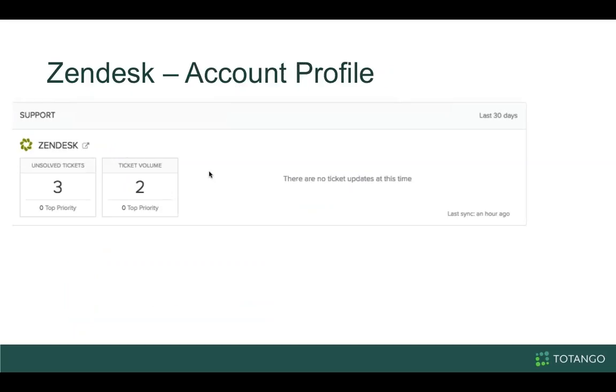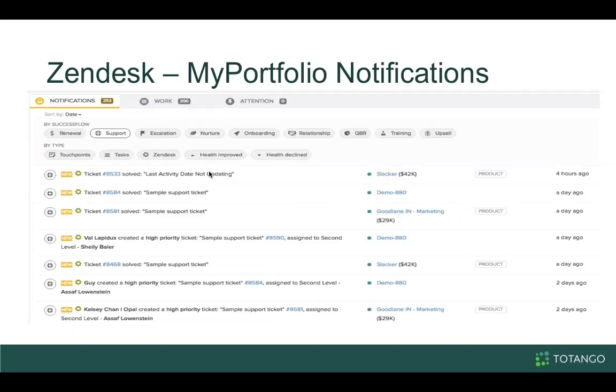And from there, what you'll gain is an ability to view your Zendesk ticket information directly in the account profile page of Tatango. So you'll see how many unsolved tickets you have, what the ticket volume is, the specifics on tickets, and then you'll be able to actually gain the capability of sending or getting notifications on ticket information.